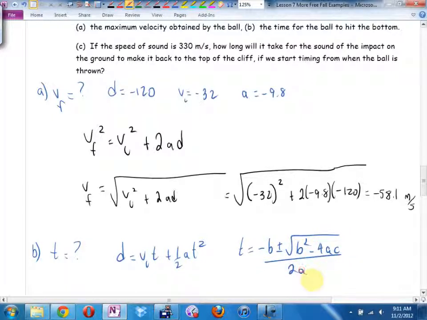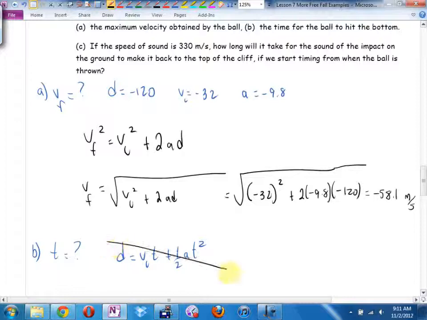It looks complicated. It's not. But because you don't know it right now, this is going to be the time when we say, I did just find vf. Maybe there's another equation that has t in it and vf in it that might make my life a little nicer. So I'm going to go yoink.